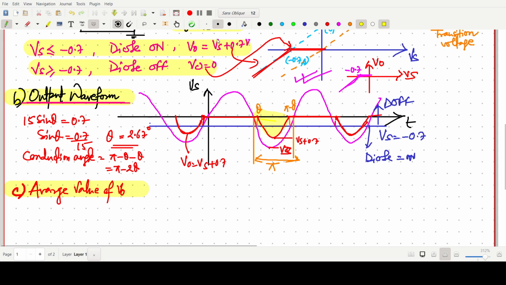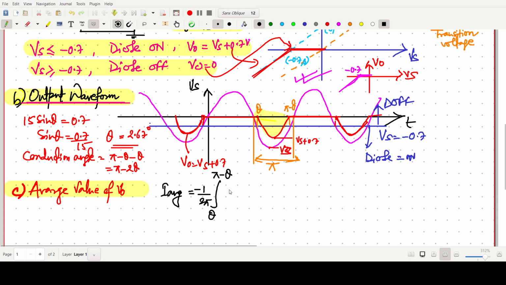For the average value, I average equals 1 by 2 pi, negative because this is the negative direction, and the output response means the area from theta to pi minus theta.